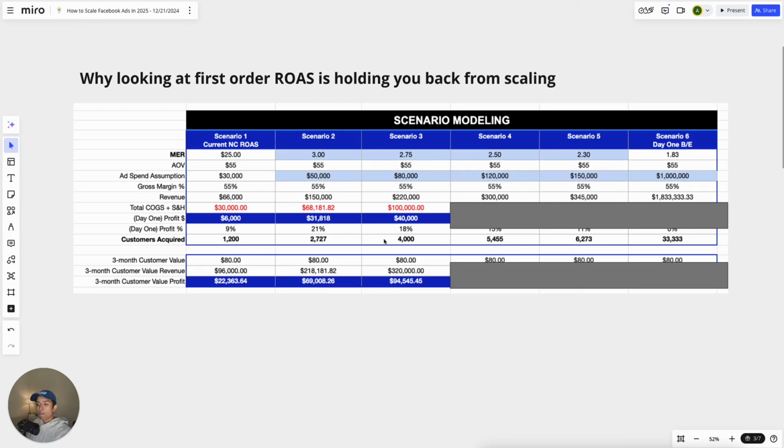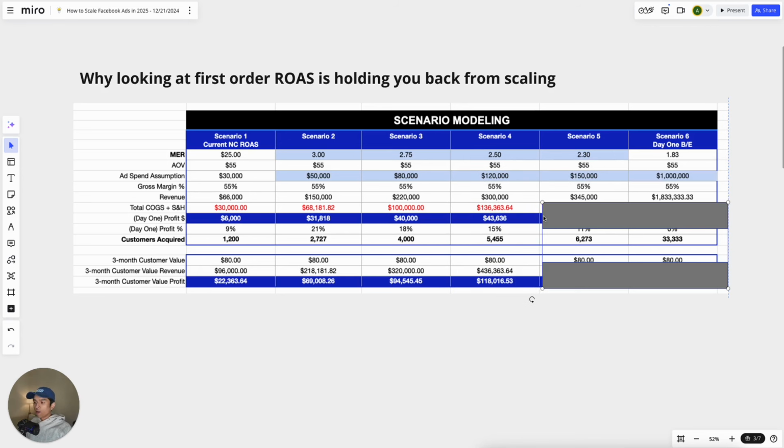So if we're getting more customers because we're spending more, we're also going to make more volume of profit on those customers in the future, assuming that the retention rate, AOV and LTV stay the same, right? So not only are we making more on day one, but we're also making more over the long term. And this is an example that happens basically all the way in perpetuity.